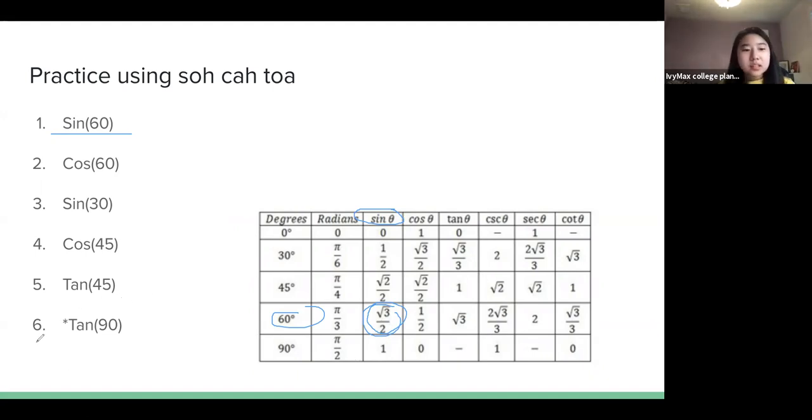And then the special one is number 6 right here, tangent 90. Tangent 90 is undefined because there isn't really a tangent 90 in a right triangle. So it's just undefined. Make sure you remember that.